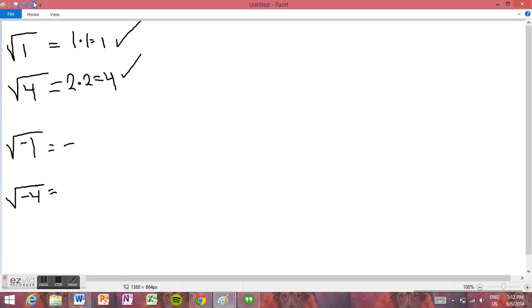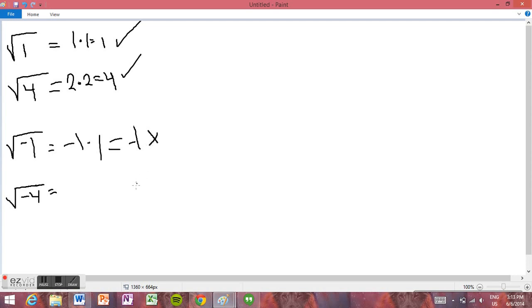But having a negative in a square root is a bit different, because negative 1 times 1 equals negative 1. Negative times a positive equals negative. And this cannot work because they both either have to be both negative or both positive, like 2 times 2 and 1 times 1. So this is why negatives cannot work in square roots.